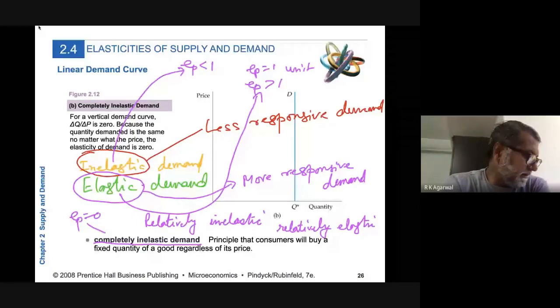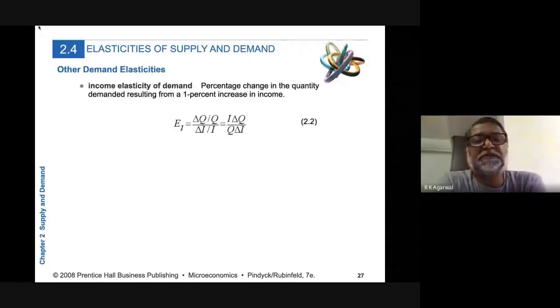And then other demand elasticities. We also have something called income elasticity of demand. Earlier we discussed price elasticity of demand, and now we are talking about income elasticity of demand, so what could it possibly stand for?